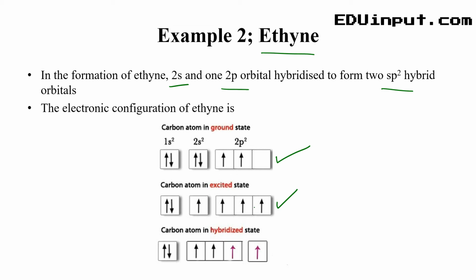So what is happening here? Two orbitals, and these are the two p orbitals, because this one and this one are the p orbitals. These remain unhybridized, and the sp hybridized orbitals will combine with other atoms such as hydrogen in this case.